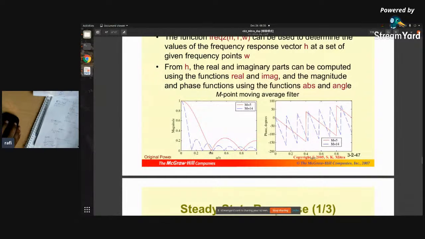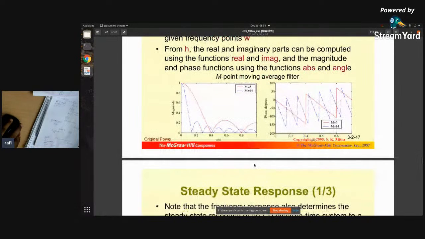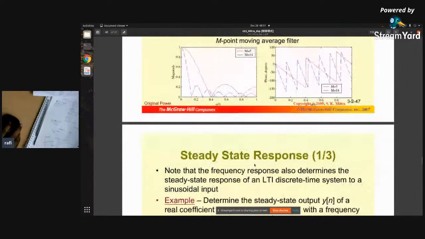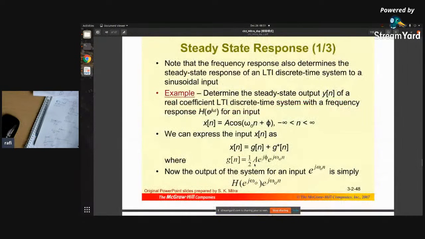So m equal to 5 will have higher bandwidth than m equal to 14. This is seen from the figure. As m increases, it won't allow higher frequencies compared to m equal to 5.